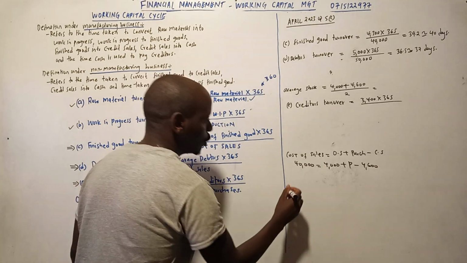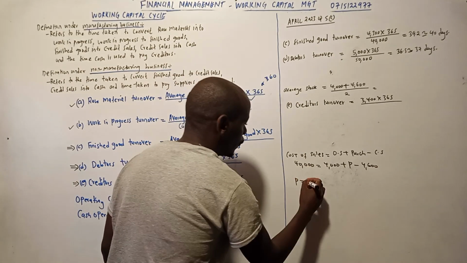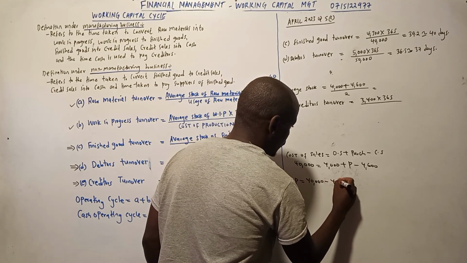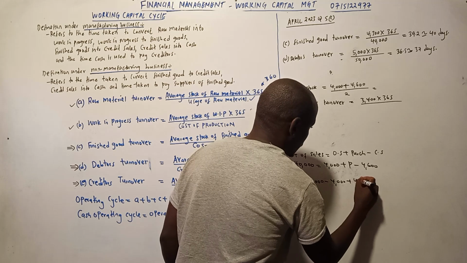So the purchases will be 40,000 minus 4,000 plus 4,600.